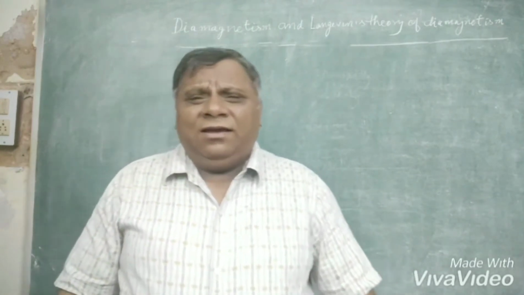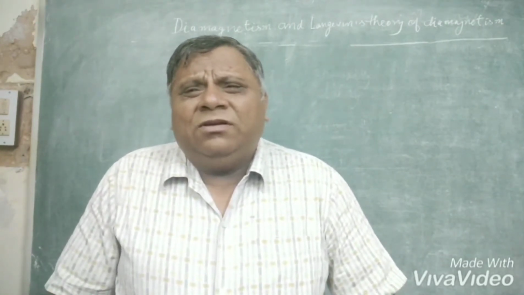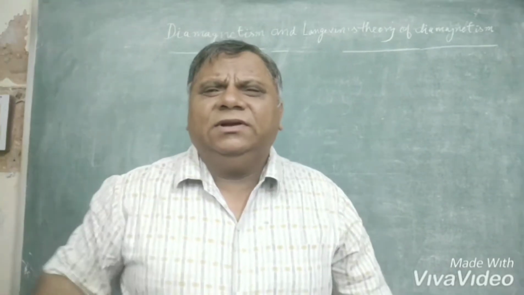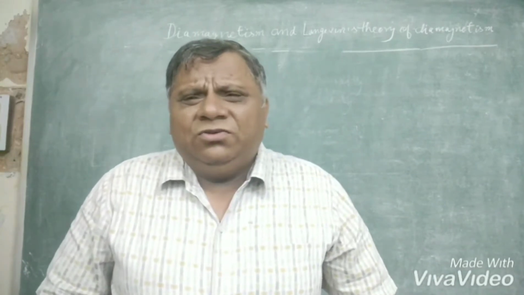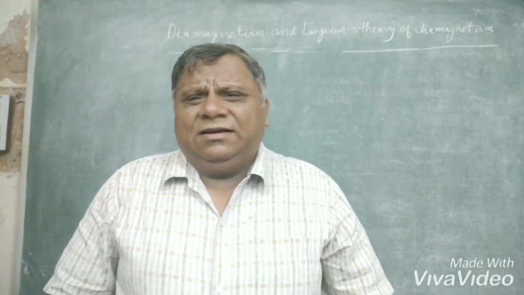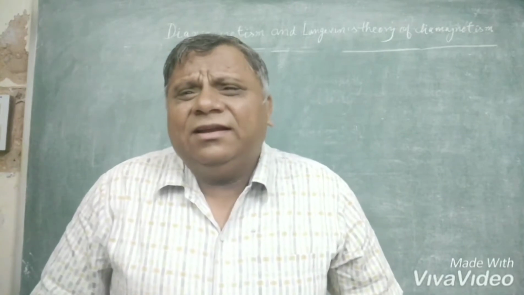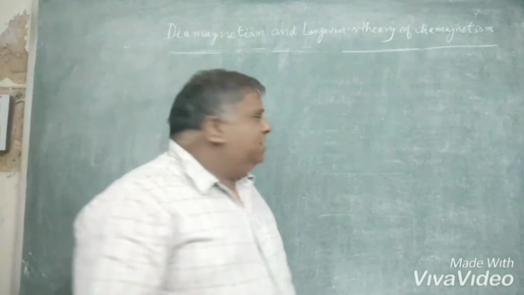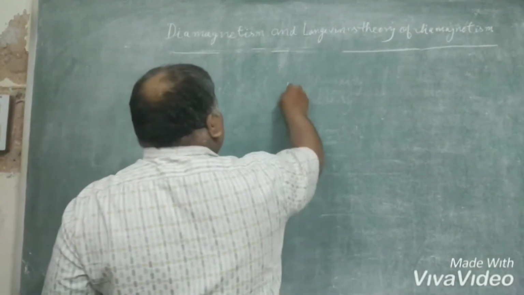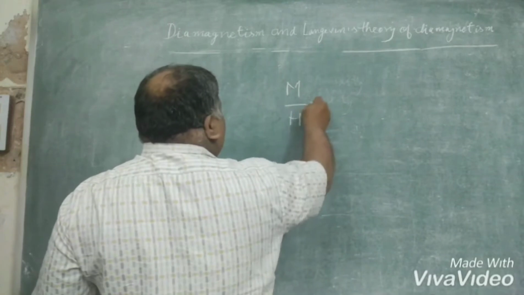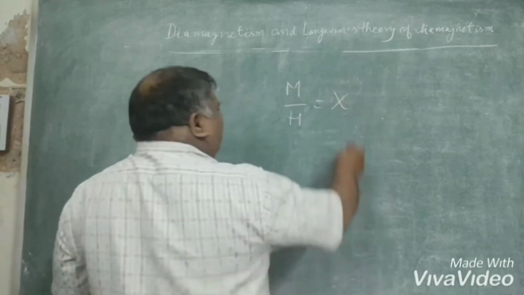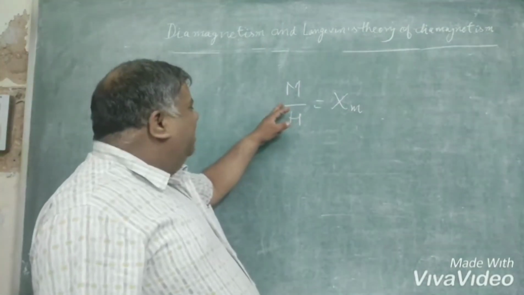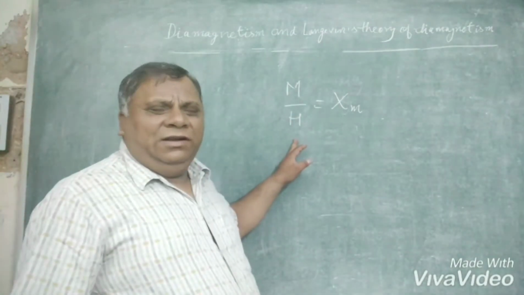To quantify the response of a material to the external magnetic field, we define two quantities: magnetic susceptibility and permeability. Magnetic susceptibility, chi m, is the ratio of magnetization to the field intensity.